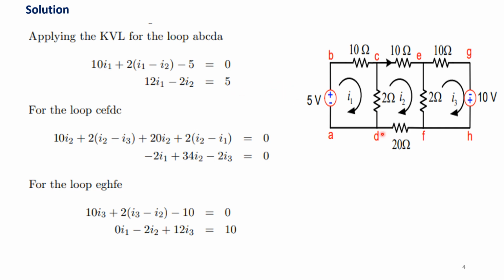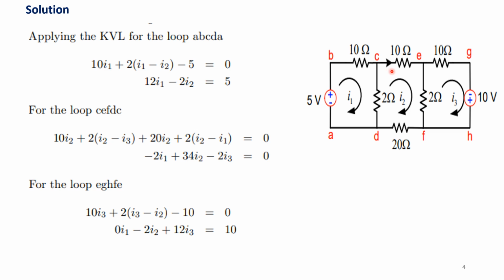And the second loop I have taken as C, E, F, D, C. Here the current I2 is the loop current, but if you consider both the parallel resistors, on one side I1 and on the other side I3 is coming. So we should take care of these two currents.